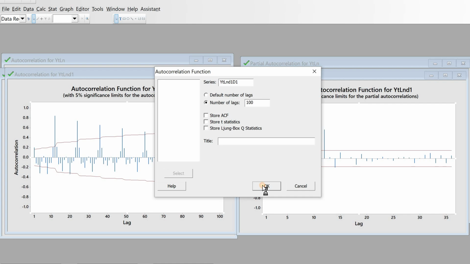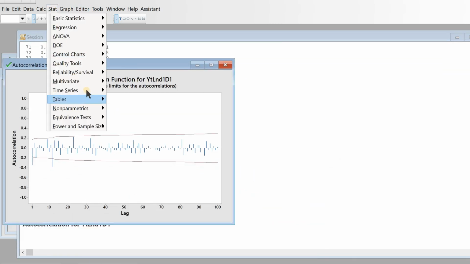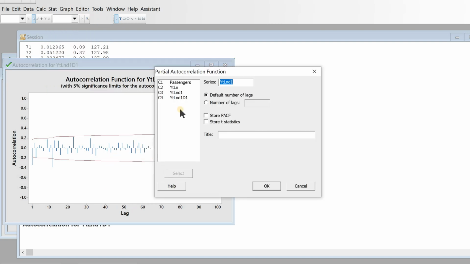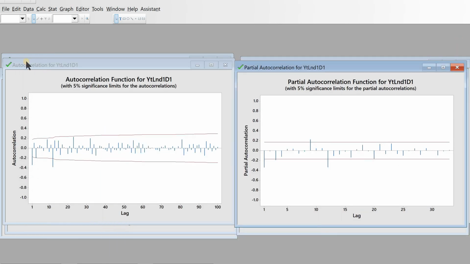Taking this one, this is the ACF and then PACF after two times of differencing.